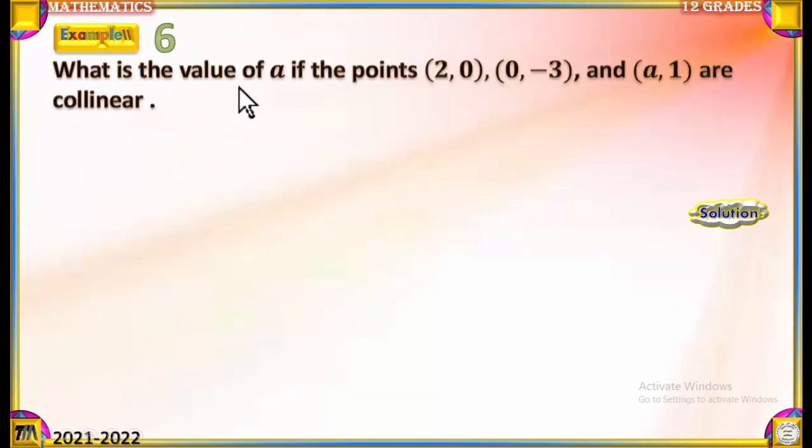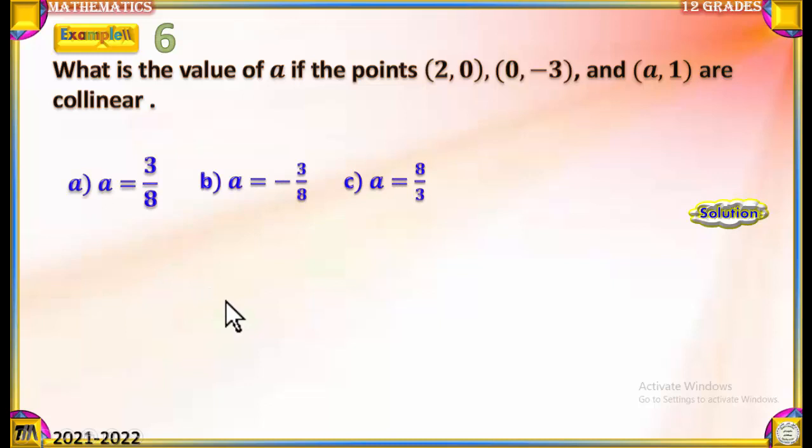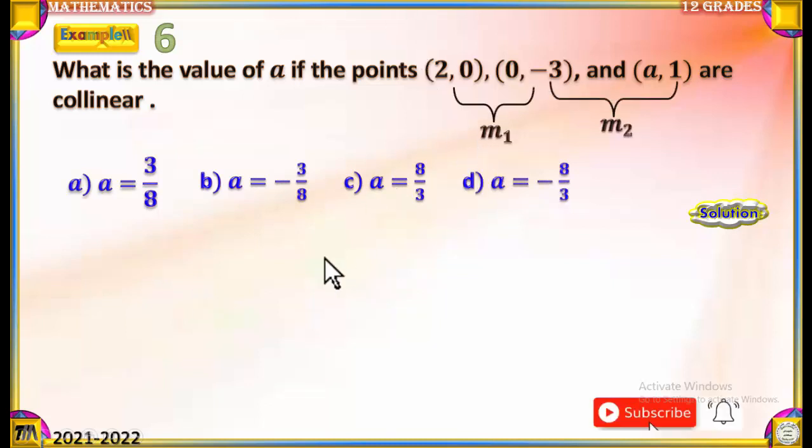What is the value of A if the points (2, 0), (0, minus 3), and (A, 1) are collinear? Because these 3 points are collinear, then M1 equals M2.